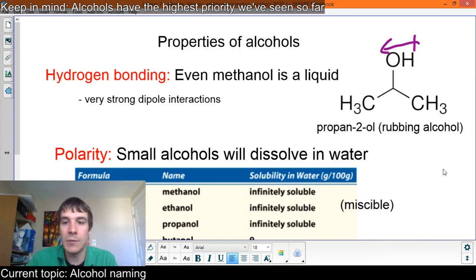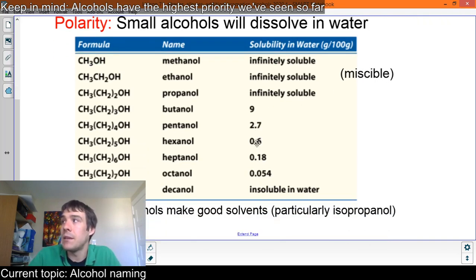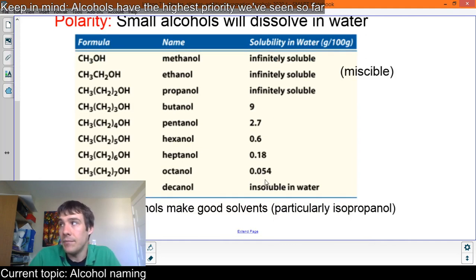The polarity means that they're more soluble in water than the alkanes are, so methanol, ethanol, and propanol, the small alcohols, are all miscible in water, which means in any proportion, you can have 70% alcohol, 20% alcohol, 2% alcohol, it doesn't matter. Past that, it gets a lot less soluble very quickly, just by sheer size. And they typically make good solvents, especially isopropanol or 2-propanol, a very good solvent. That's rubbing alcohol. You might have used it to clean permanent marker off of something.